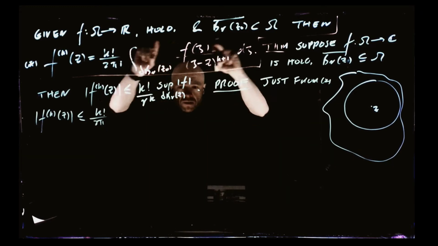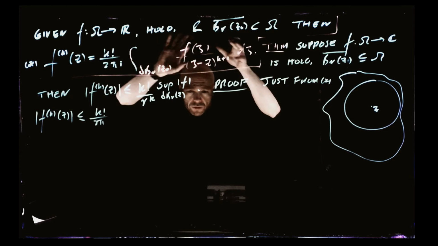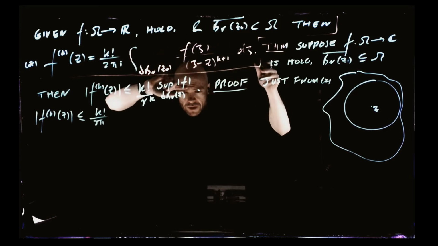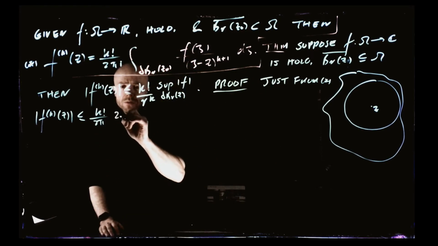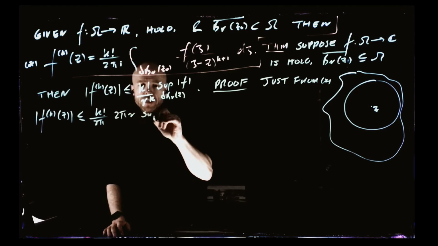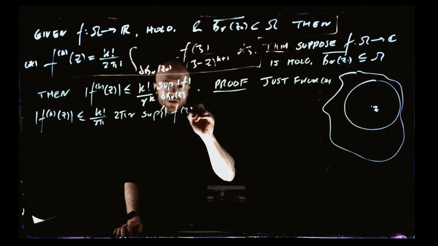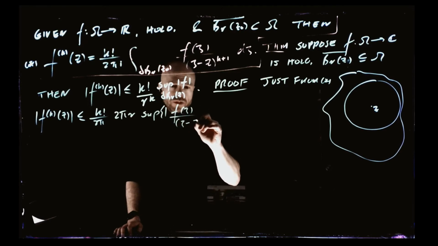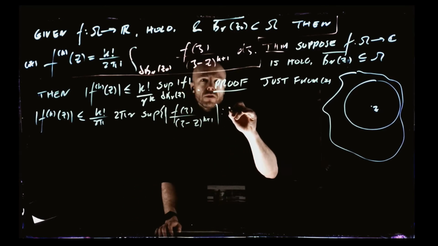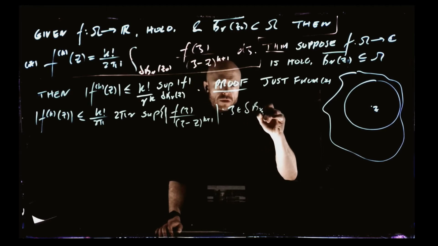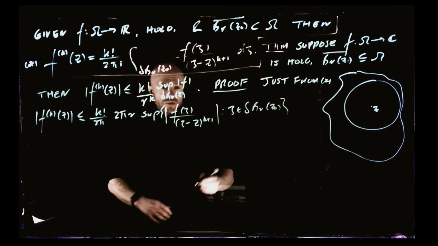Well, we know that this is a contour integral, so this thing is less than the length of the curve times the supremum of this thing inside over the curve. That's one of the basic estimates we proved, right? So then this is less than the length of the curve, so 2 pi r, and then the supremum of the absolute value of f of zeta over zeta minus z to the k plus 1, for zeta on the boundary of the ball, which is our curve, right? This is one of our basic estimates from when we introduced integration on curves.